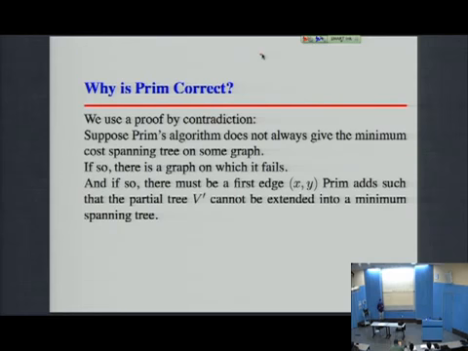And I'm going to say, is that so? Well, you're telling me I shouldn't have picked this edge. What happens, however, if I now add this edge back to the graph, to your tree? Adding an edge to a tree is going to do what?